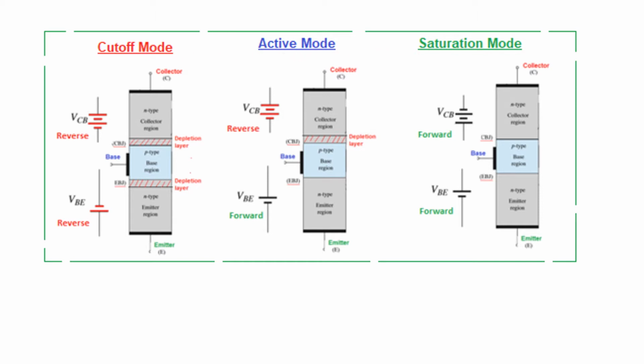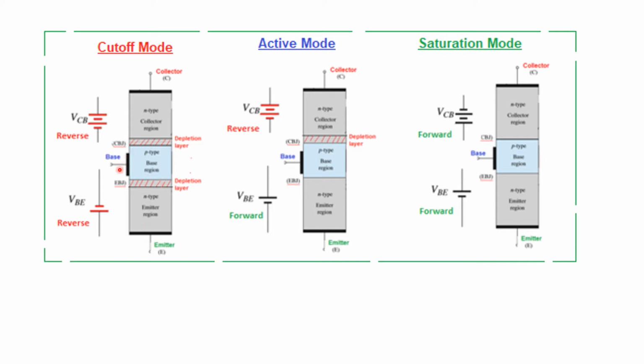We have seen this earlier as well. Now, for an NPN transistor, this is N, then P, and then N material. And if the base-emitter junction is reverse biased, like here, for P we have connected negative, and with N we have connected positive.